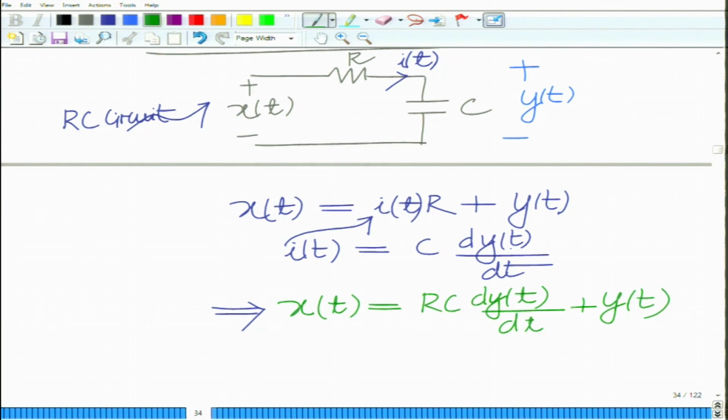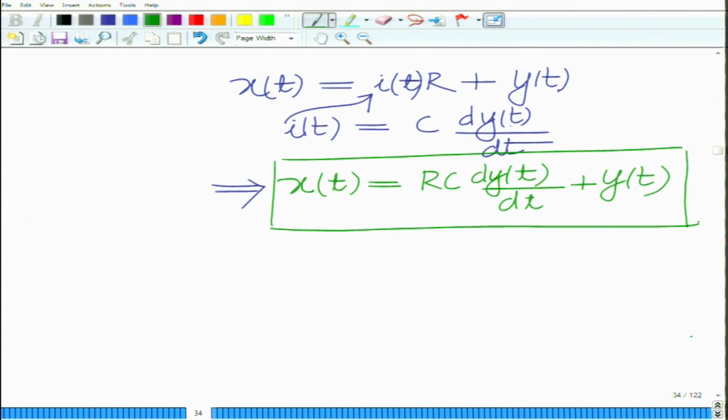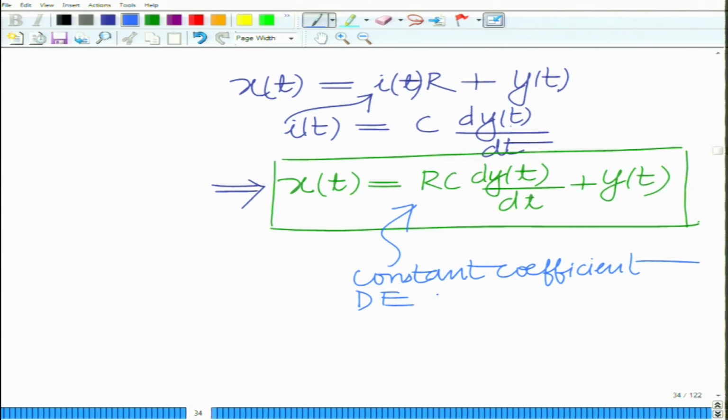You can see this is a constant coefficient differential equation which characterizes the LTI system, the RC circuit.